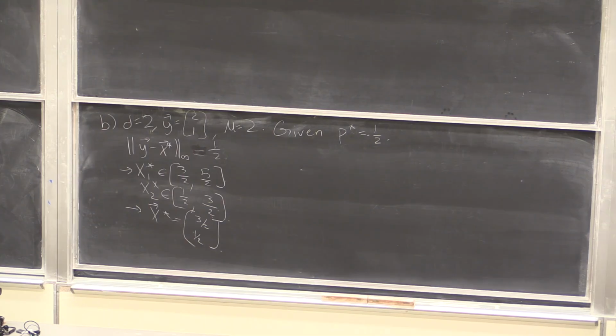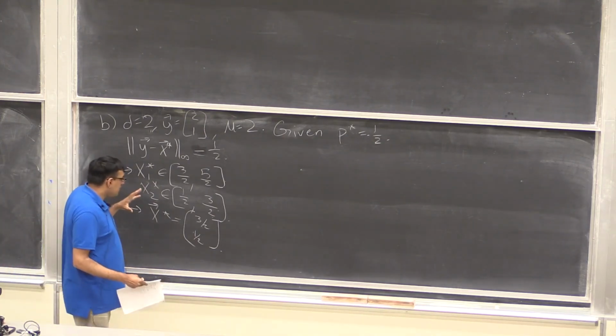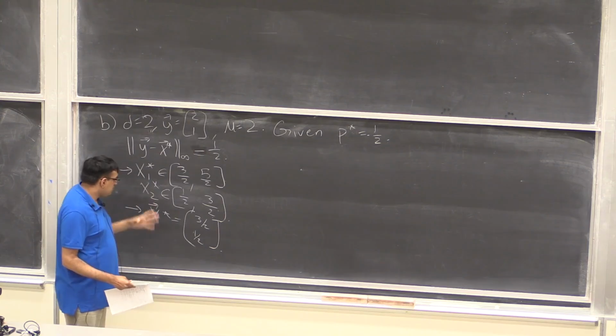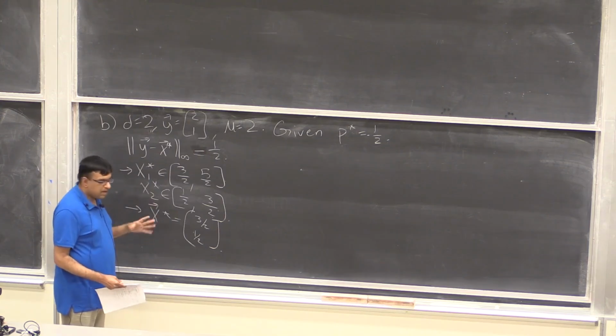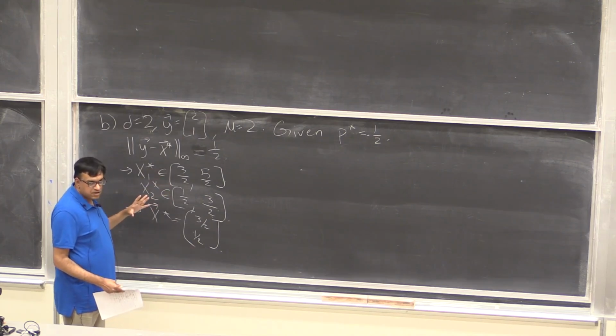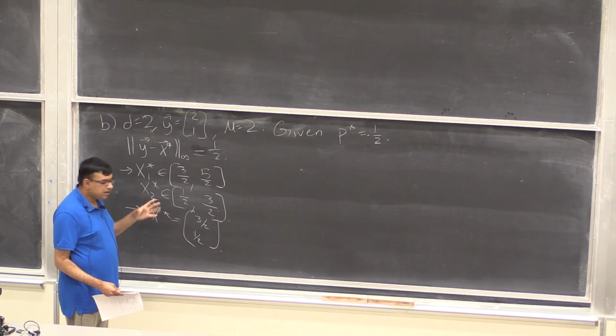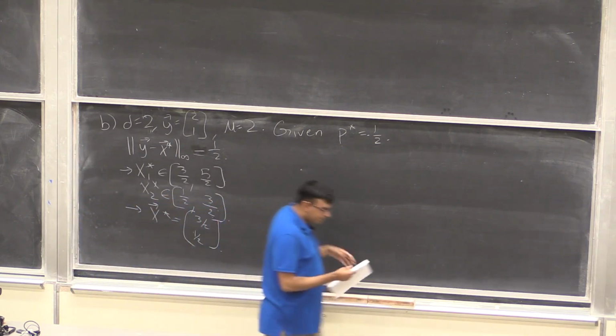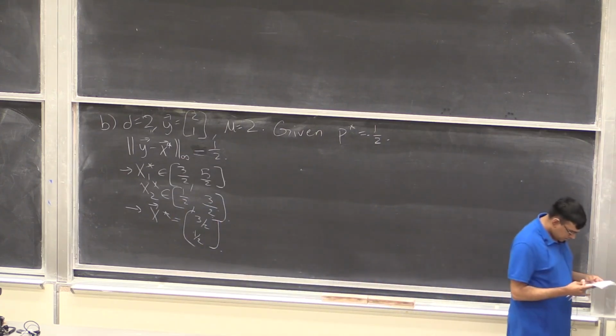And in particular, the constraint that the L1 norm of x star has to be at most 1 will just make x1 star equal to 1. And that forces, because of the L1 norm constraint again, x2 star equals 0. The second one, we know that the L1 norm of x star has to be equal to 2. And so if we take the minimum value for x1 star and x2 star, it's exactly equal to 2. So we cannot make any of them bigger than their minimum value. And so that gives us what x star must be. Okay.